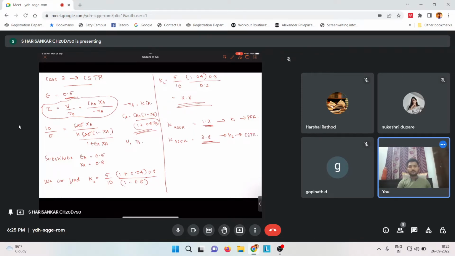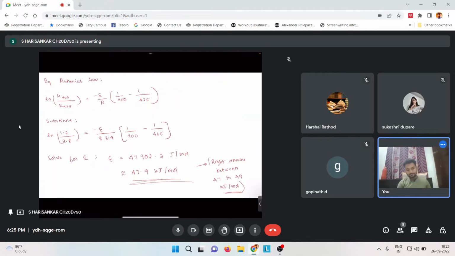Okay. Now we have both the values of the rate constants K1 and K2, or the rate constants at 400 Kelvin and 425 Kelvin. Now all we have to do is substitute these rate constants back into the Arrhenius equation and find the activation energy. Okay.